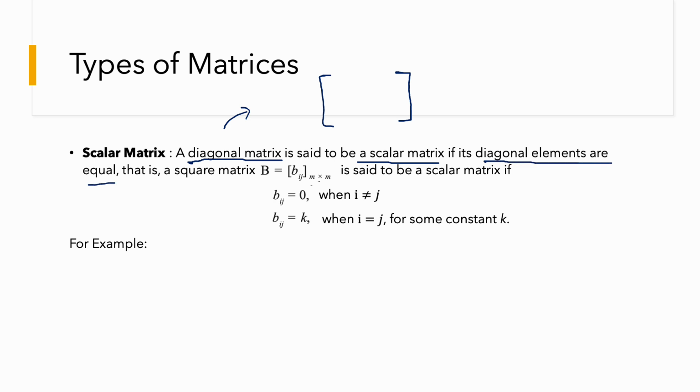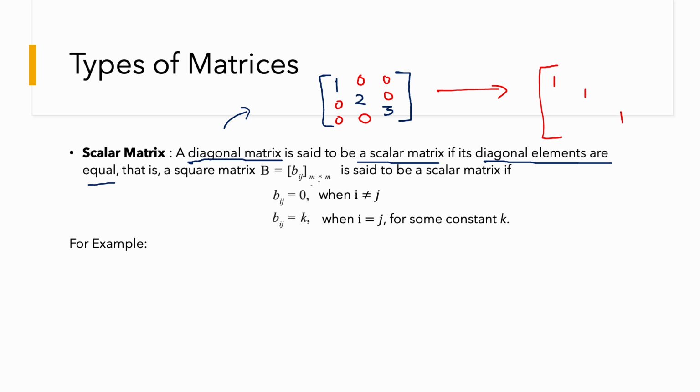Earlier I gave you an example where the diagonal elements were 1, 2 and 3 and non-diagonal elements were 0 since it was a diagonal matrix. But this diagonal matrix would become a scalar matrix if all the diagonal elements are equal. Let's say 1, 1 and 1, right?